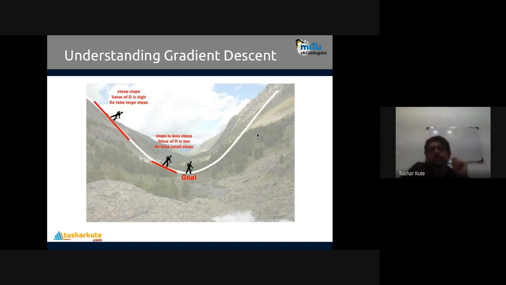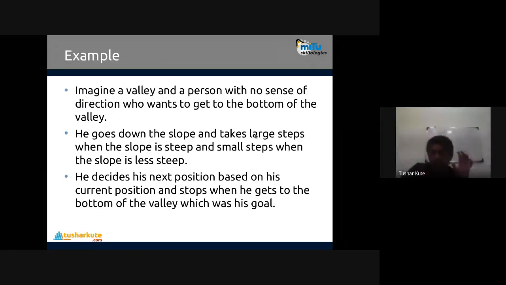Now let's use this concept with an example. Imagine a valley and a person with no sense of direction who wants to get to the bottom of the valley. He goes down the slope and takes large steps when the slope is steep and small steps when the slope is less steep.